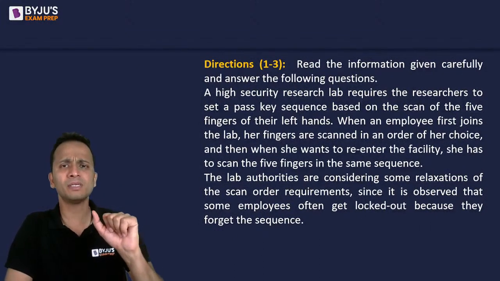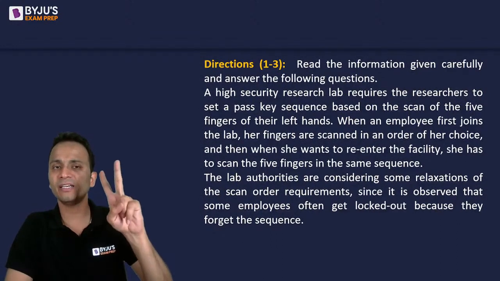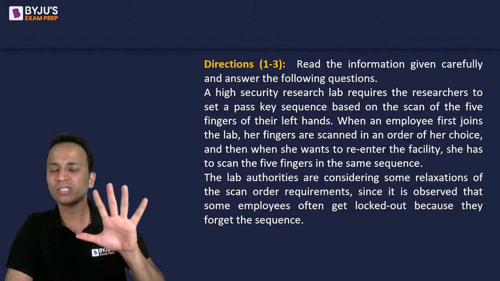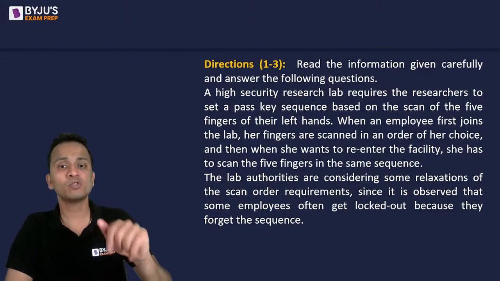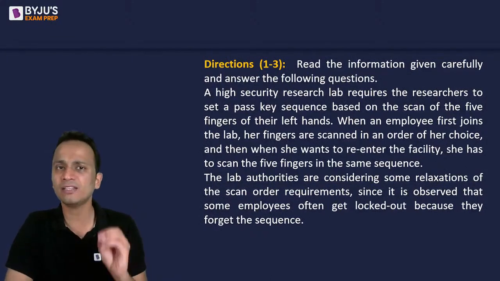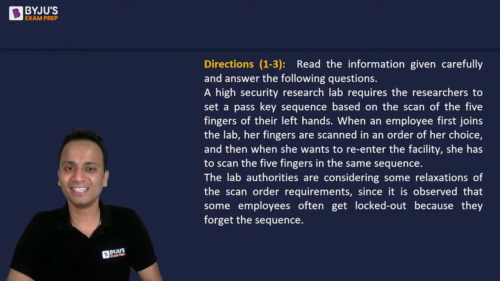So let's say if I'm a new joinee, I want this finger first, then second, then third, then fourth, and then fifth. The sequence in which I scan in my first go will become my password, you can say. And then whenever I want to re-enter the facility, I'll have to scan these 5 fingers in the same sequence. All right, okay.